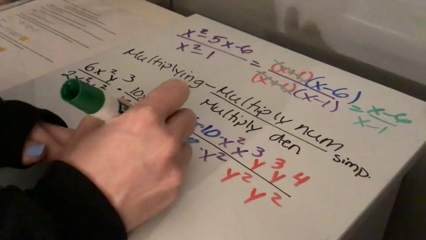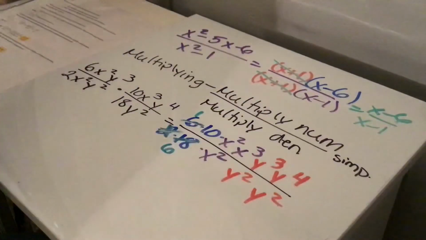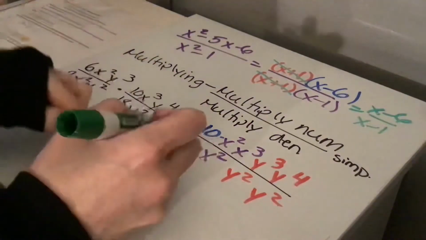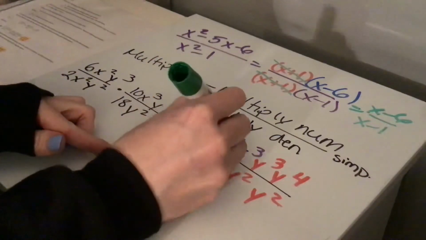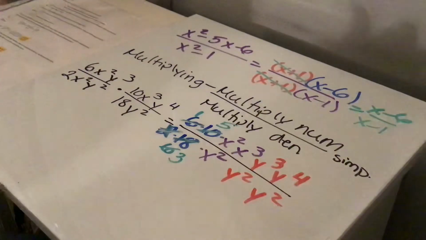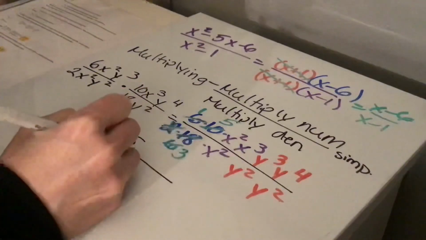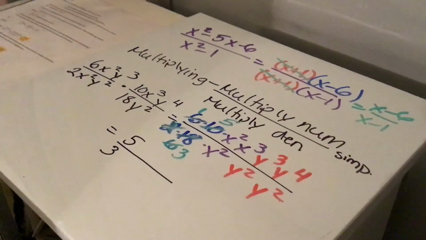So 6 and 1, and then we can cancel out a 2 and get 5 and 3. So then we get 5 over 3. And then we'll deal with our variables.